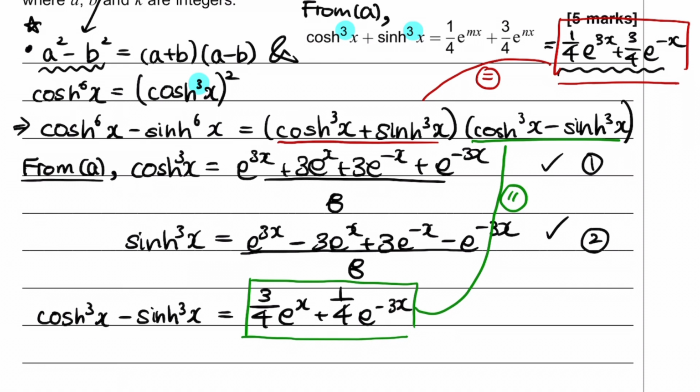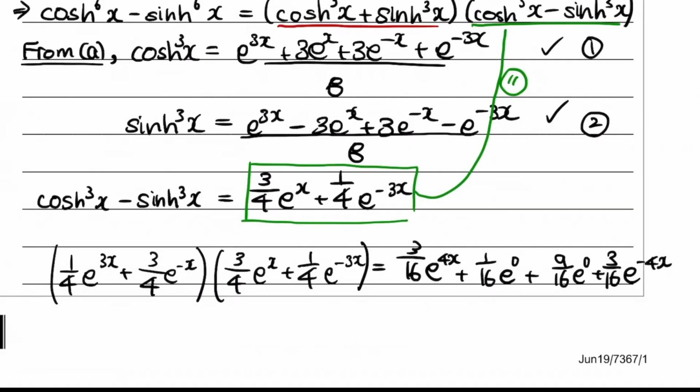We're going to multiply these together. So first term, second term in the bracket, and then second term, first term, second term in the bracket. So wherever the e to the power of something multiplied together, the powers will be added together. For example, if you multiply 3x and the x, it becomes 4x.